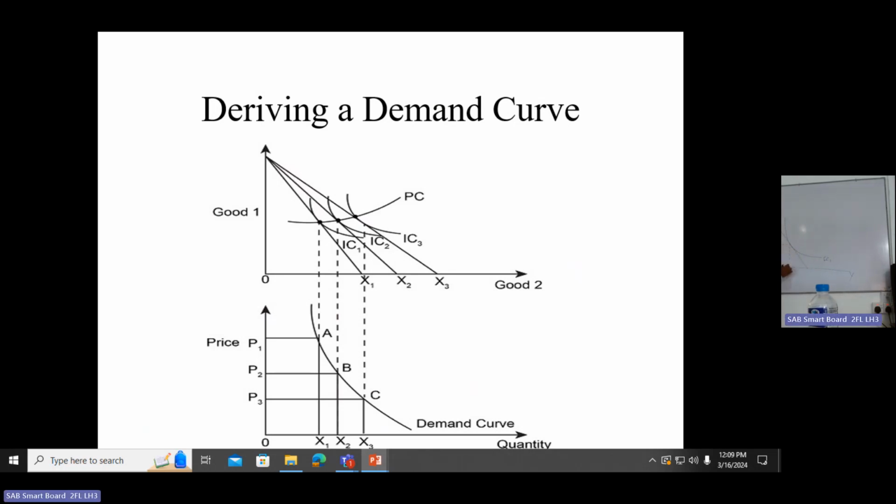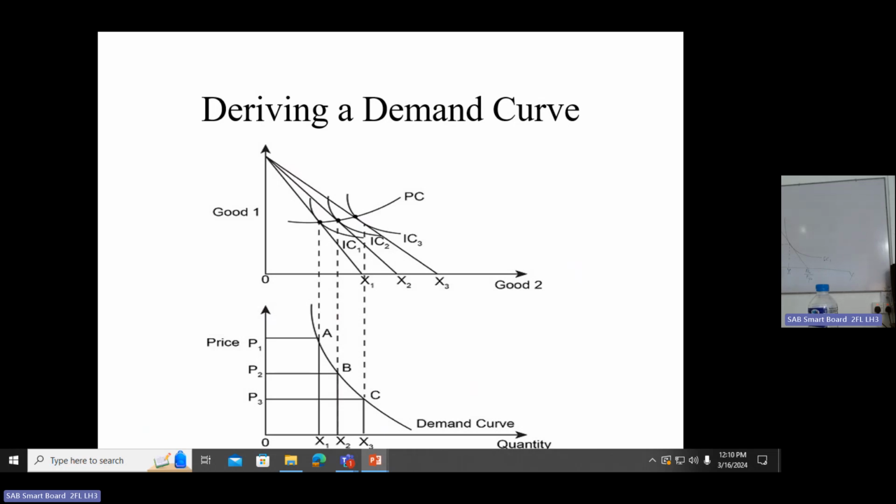In the equilibrium, X1, Y1. Now we know that here the money income is M0, the price of X is PX0, and the price of Y is PY0. And we demand X and Y quantities, X1, Y1.